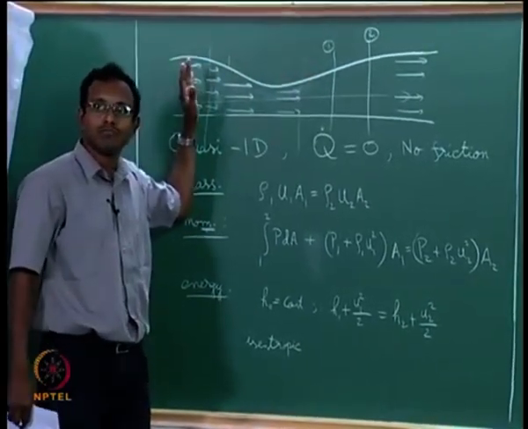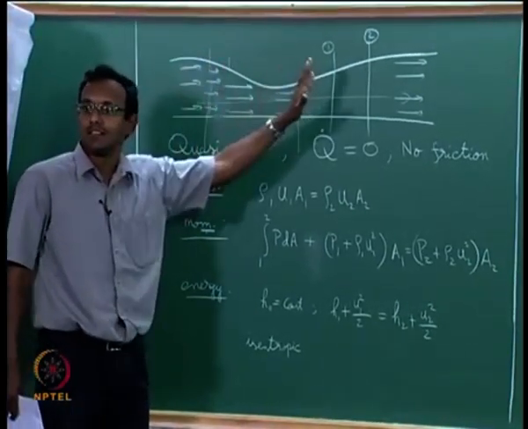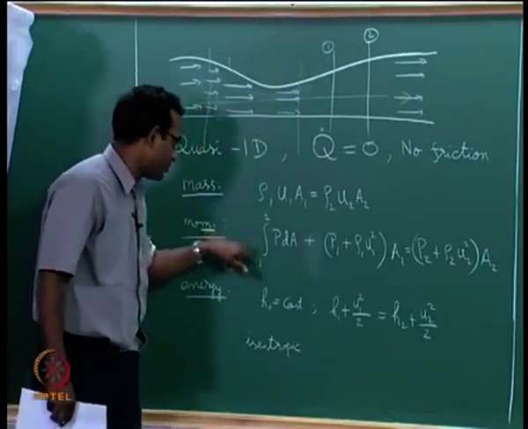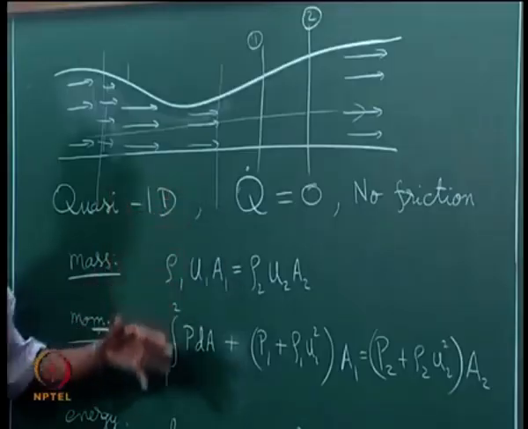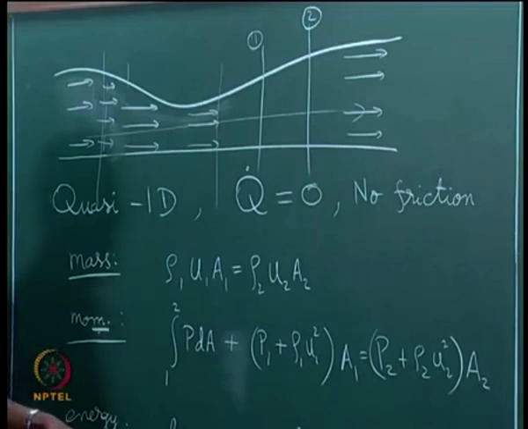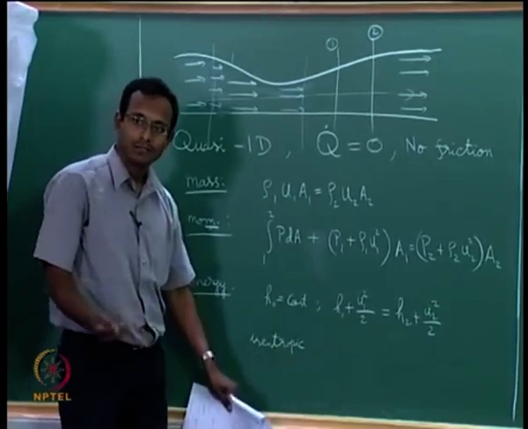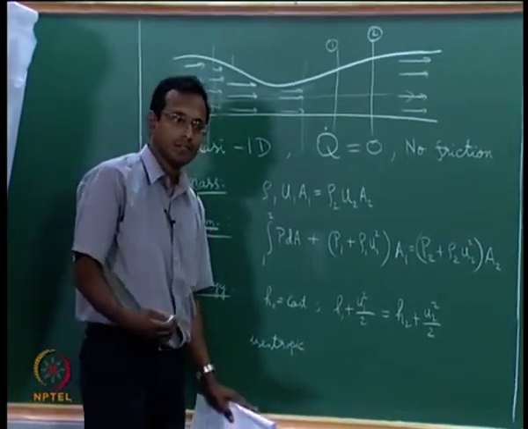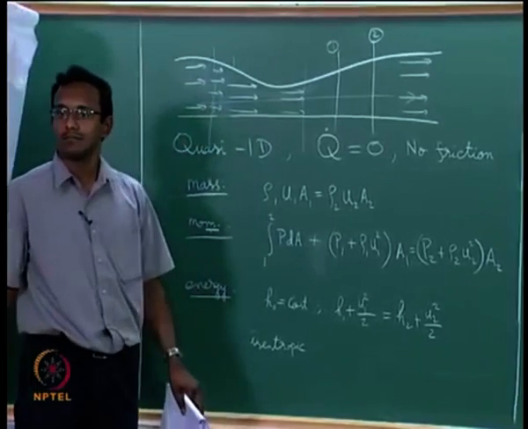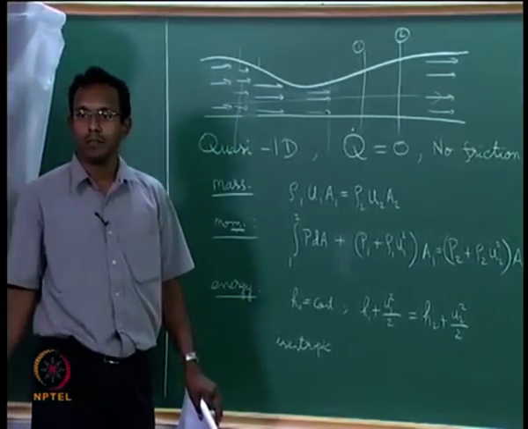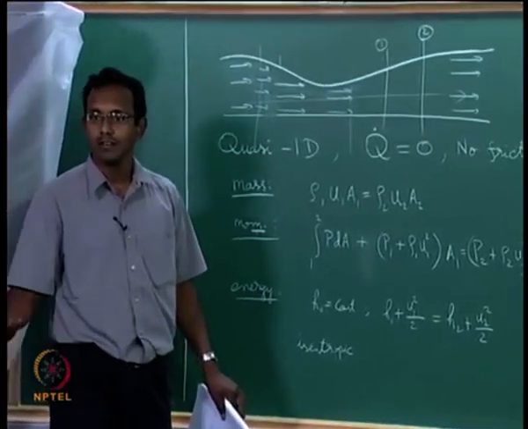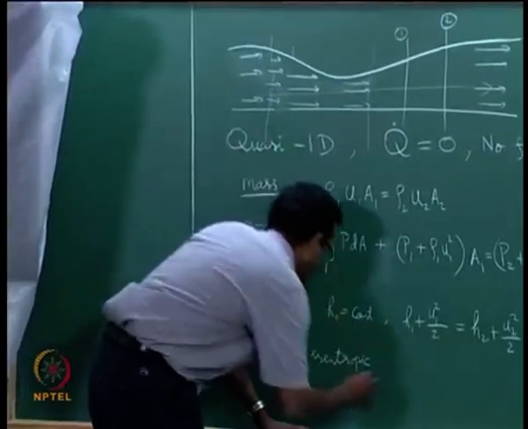Okay. Now if I want to solve this flow problem from one section to another section and I want to see how flow properties are changing, now I am in trouble because I have to do this integral every time if I am using this set of equations. Okay. It is not easy to use. Of course what is the equation when I say isentropic? What is that? P equal to what? Okay, we can write it in several forms.